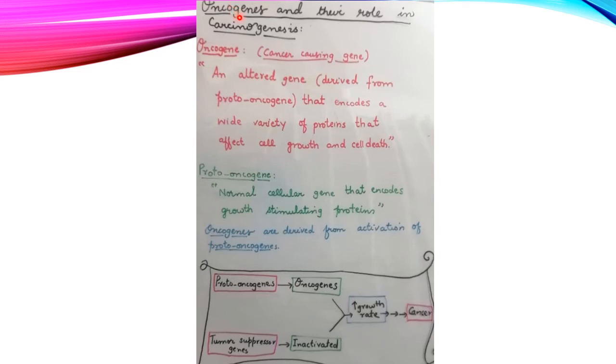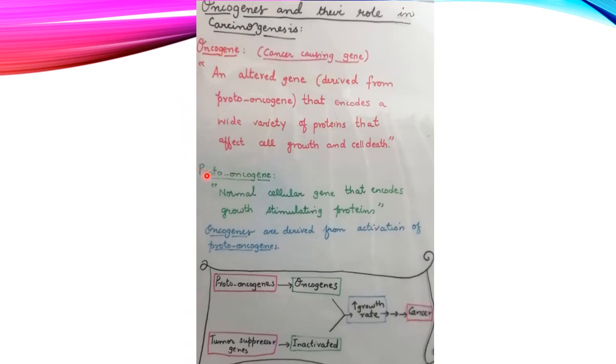Now, oncogenes and their role in cancer development, that is carcinogenesis. What is an oncogene? An oncogene is basically a cancer-causing gene, and it is derived from a proto-oncogene.